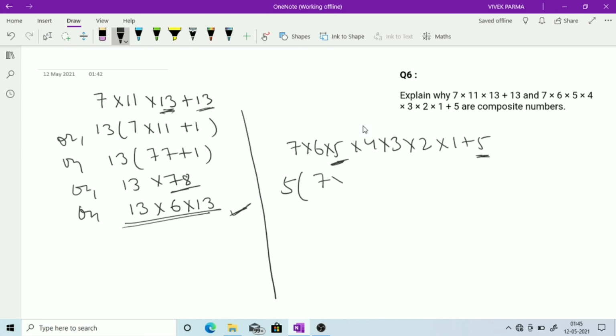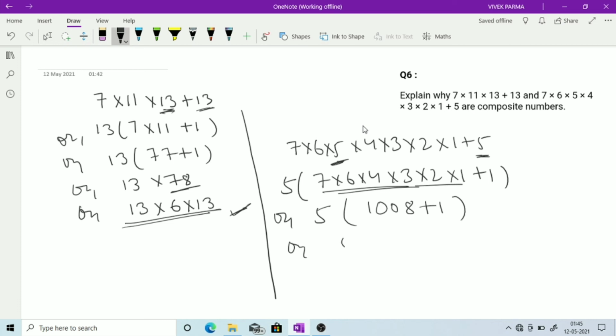So here will be 7 into 6 into 4 into 3 into 2 into 1 plus 1, or this will be 5 into 1008 plus 1, this will become 1009, and further this can't be broken, right?